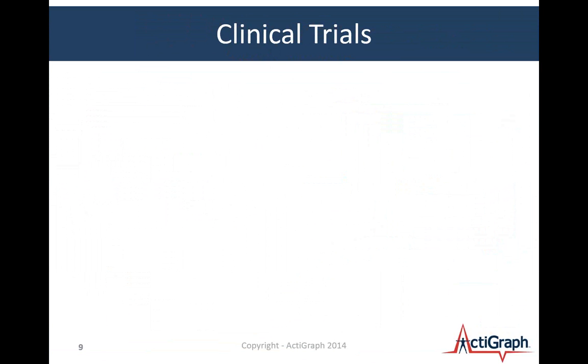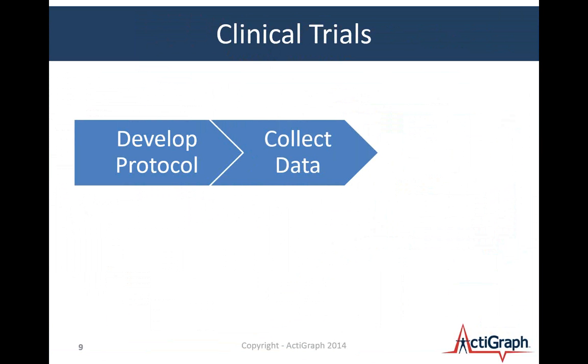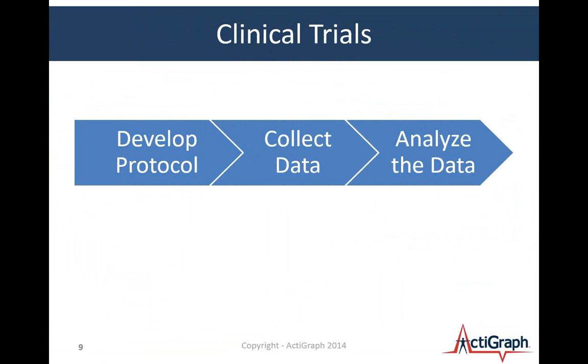But the protocol for clinical trials is a little bit different. It's sort of a step-by-step process. The protocol itself is developed for a drug trial. So the pharma group develops with a CRO or with a partner the protocol that they're going to follow for this particular drug. Then the data is collected, and I'm simplifying a bit, and then the data is analyzed.